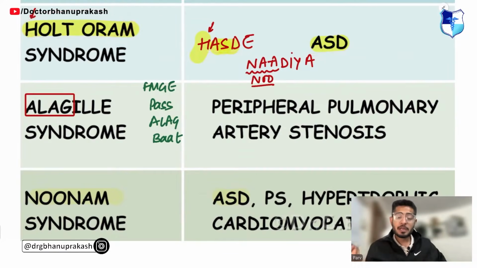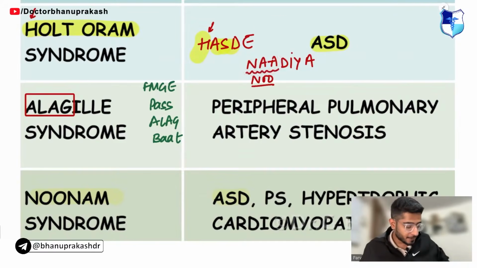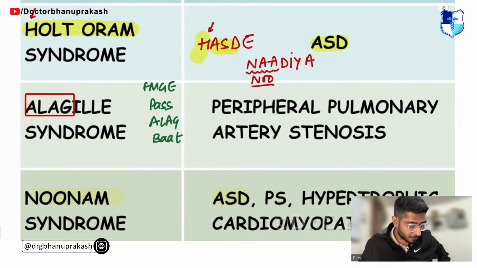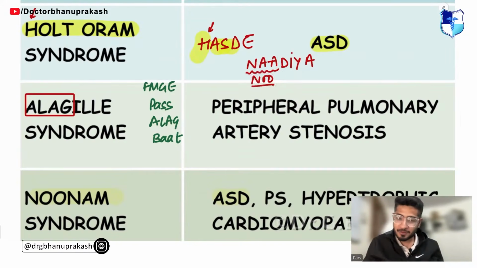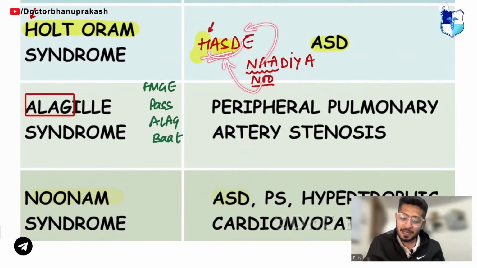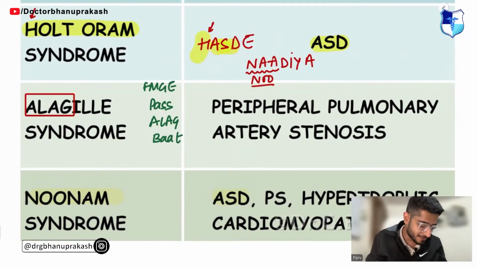And Nadia is another mnemonic which you have to understand: Nadia also always laughs. So just remember NOO, that is Noonan syndrome. Nadia always laughs. So Hasde is the mnemonic for Noonan also. That means Noonan is also going to have ASD always.